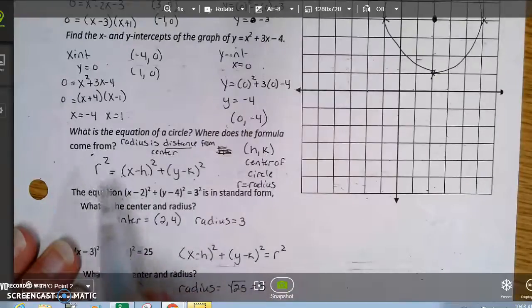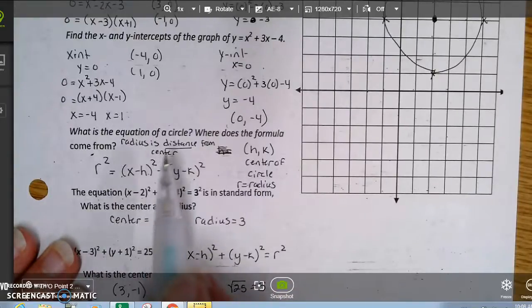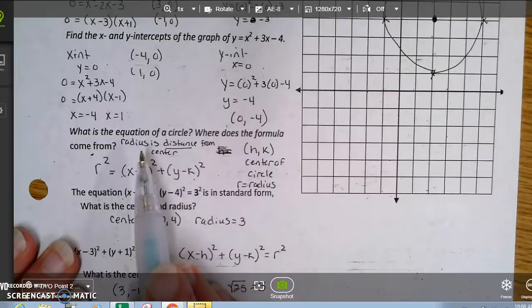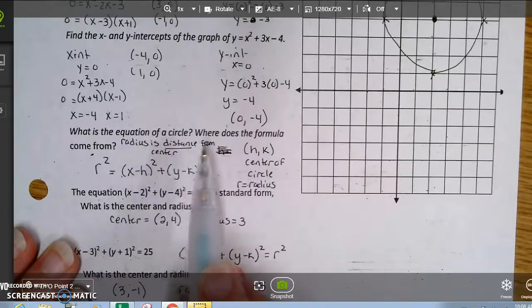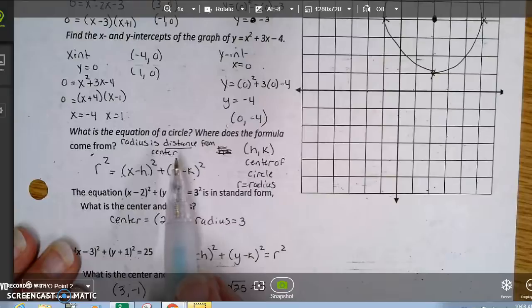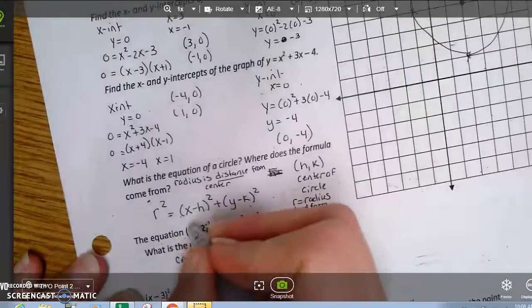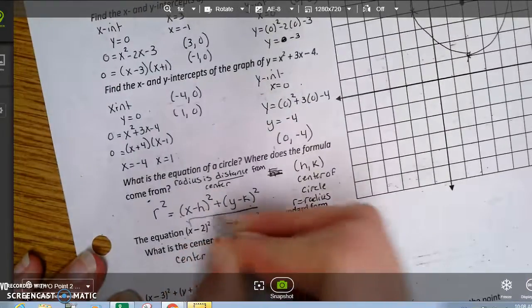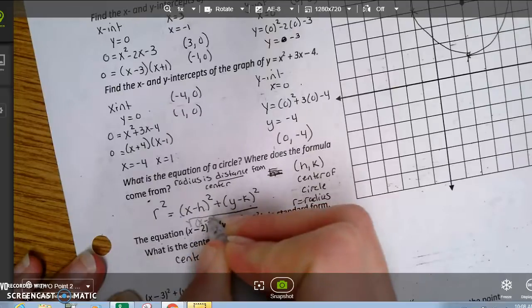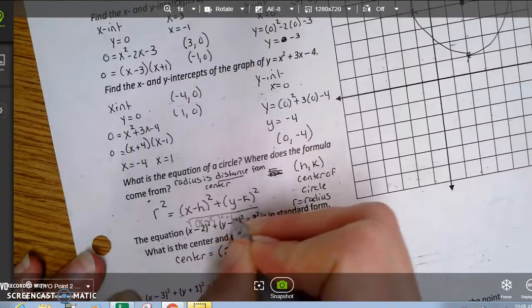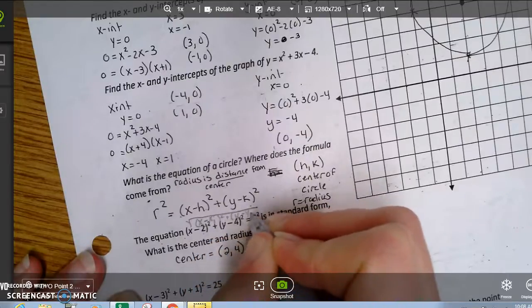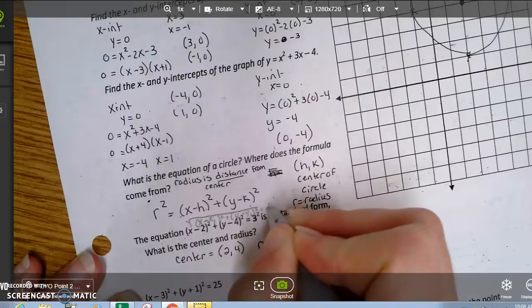So if you notice, this comes from the distance formula. The radius is simply the distance from the center of the circle. That's the definition. So the distance formula that you learned is the square root of (x1 minus x2) squared plus (y1 minus y2) squared equals the distance.